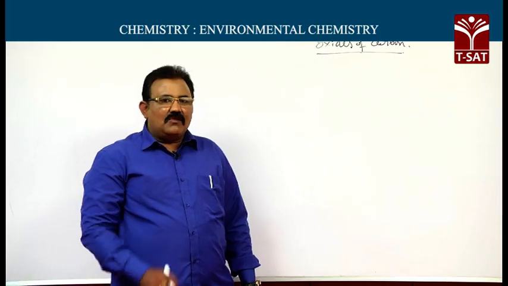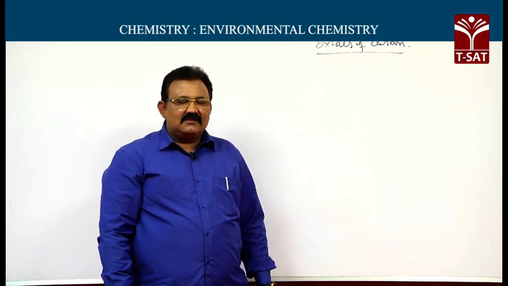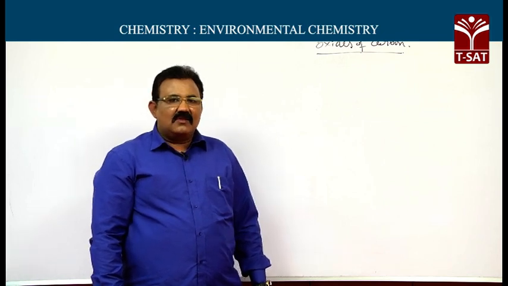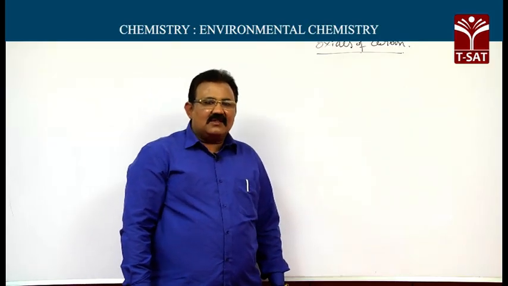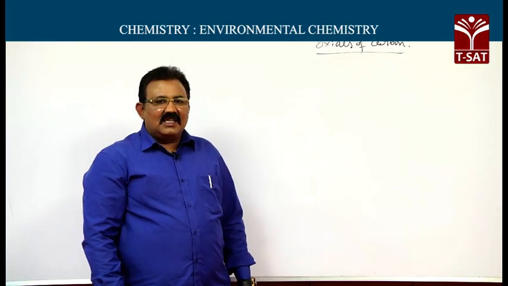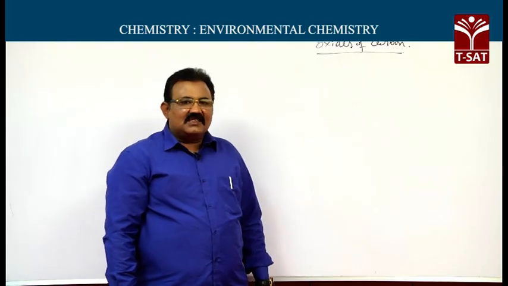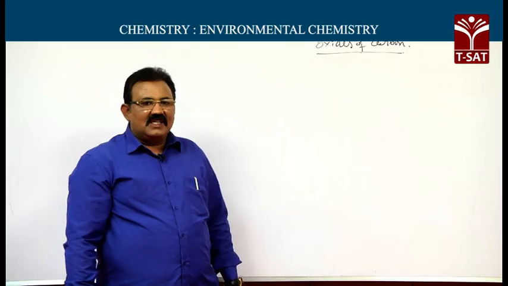When we inhale carbon monoxide, it reacts with the blood and forms carboxyhemoglobin, which is 300 times more stable than oxyhemoglobin, so that blood loses its oxygen carrying capacity. As a result, human beings will die.